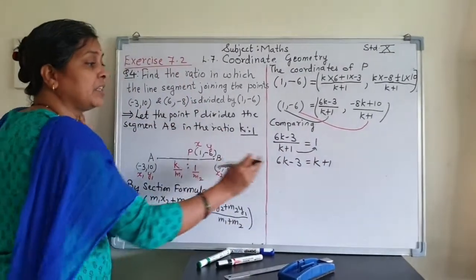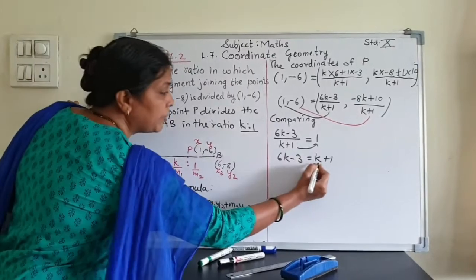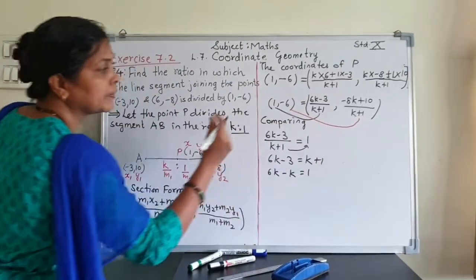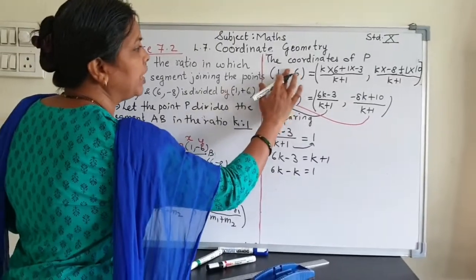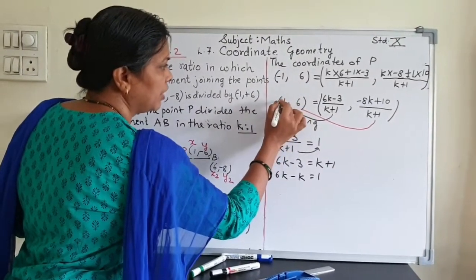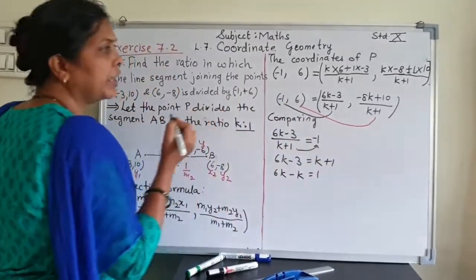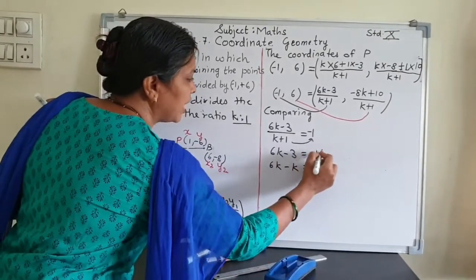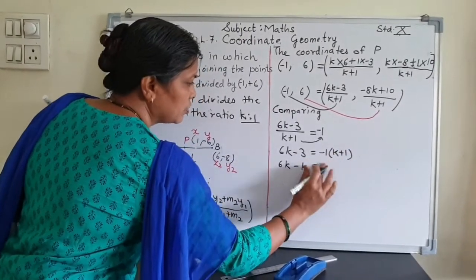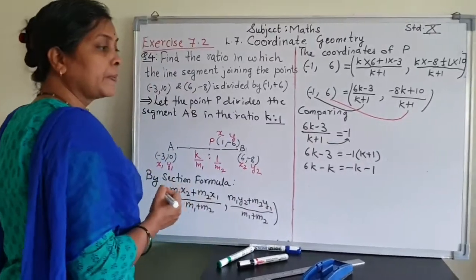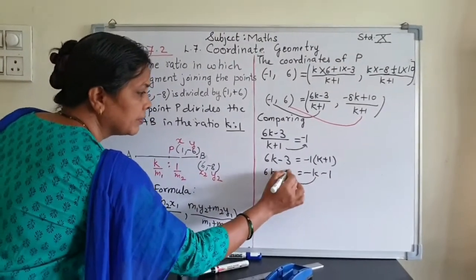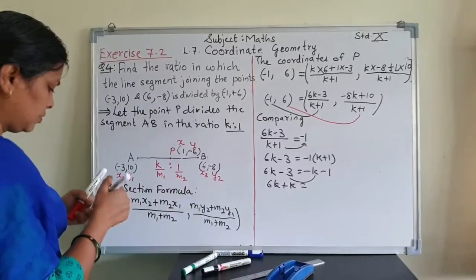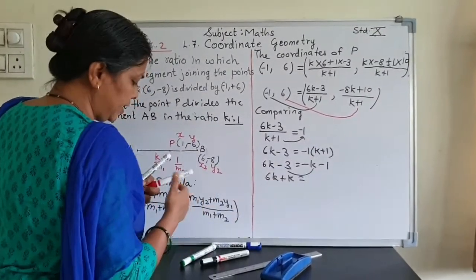Now bring this K to this side, so it is 6K minus K. Now take this 3 and transpose this minus 3 to that side.